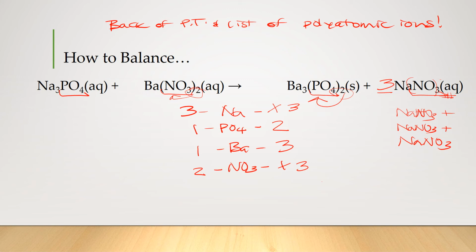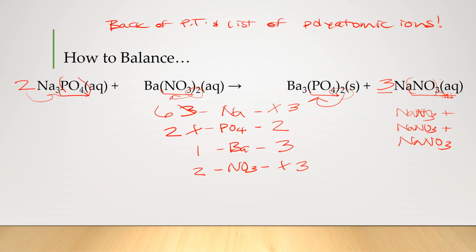So now I'm just going to look at where my PO4 is. Now notice, I can't stick a coefficient in the middle here. I have to put it in front. Well, now that 2, oh boy, it gets distributed. Now I have 6 sodiums and 2 phosphates. Remember, I'm treating the phosphate like it's one thing. I'm not doing each one separately.